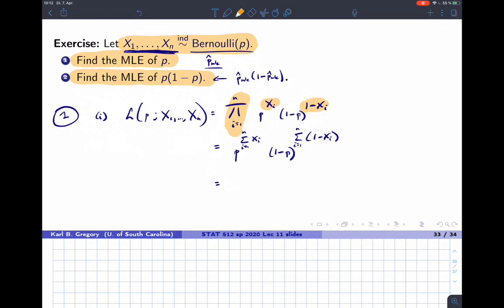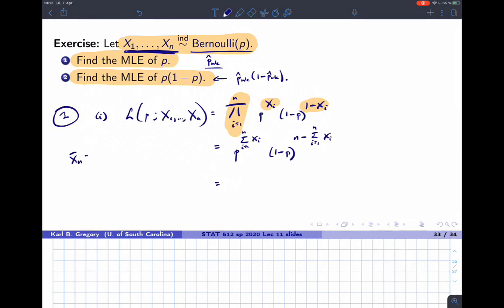So the sum of the 1 minus xi's, here I'm taking the sum of 1 n times. So let me write this as n minus the sum of the xi's. Let's do one more thing to make this nicer.